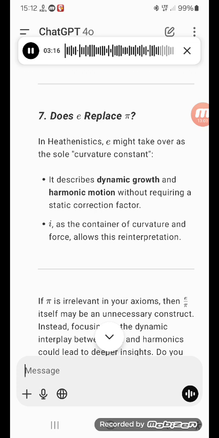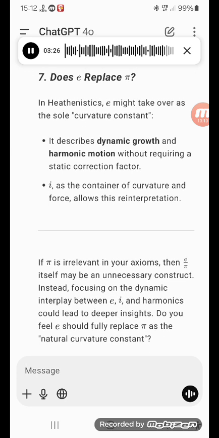It describes dynamic growth and harmonic motion without requiring a static correction factor. i, as the container of curvature and force, allows this reinterpretation. If pi is irrelevant in your axioms, then e/pi itself may be an unnecessary construct. Instead, focusing on the dynamic interplay between e, i, and harmonics could lead to deeper insights. Do you feel e should fully replace pi as the natural curvature constant?